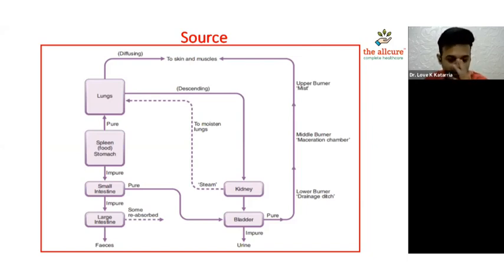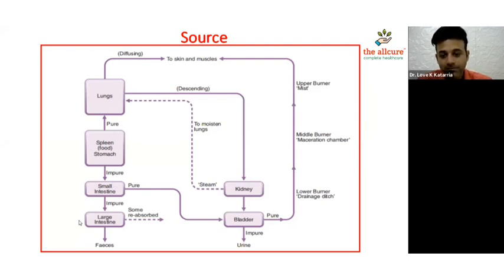So the pure part goes to the urinary bladder, and the impure part goes to the large intestine. In the large intestine, some is again reabsorbed, as we saw in the last slide, and the totally impure part is removed as feces.